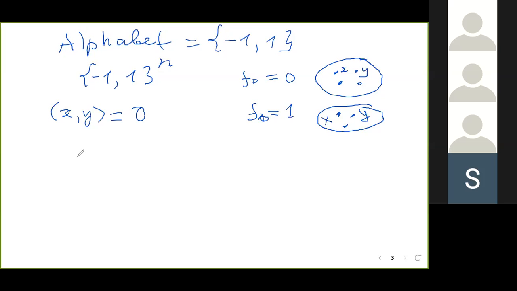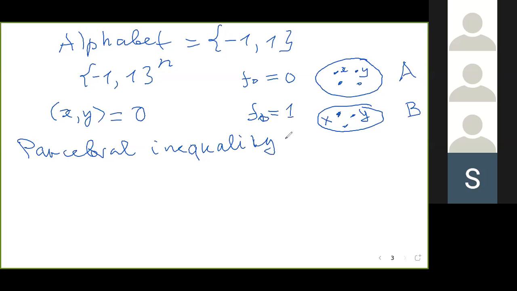And now we will use the Parseval inequality. So call the first group, say A, and the second group B. The Parseval inequality states that the scalar product of any vector is at most the sum of its scalar products with vectors of some basis, assuming that all vectors in the basis are pairwise orthogonal.